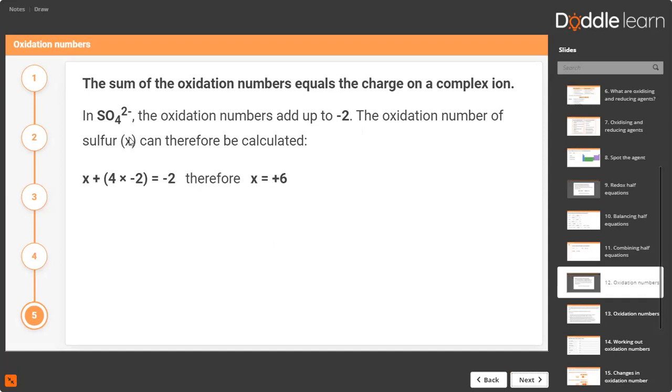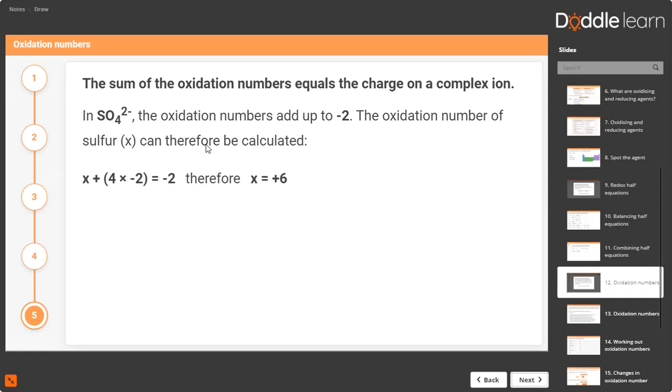So we use sulfur as x. So we've got 4 lots of -2 because we know the oxidation number of oxygen is -2. And so this overall would equal -2. So we know 4 lots of -2 would equal -8.